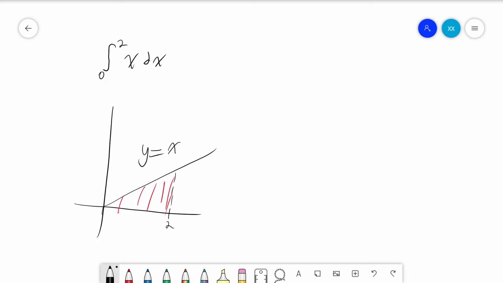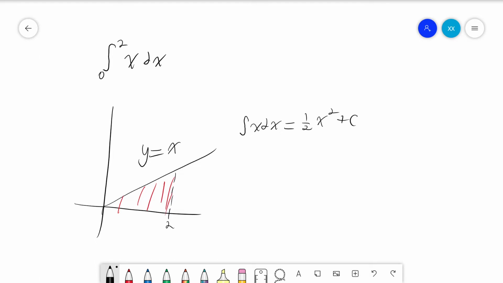To solve for that area in a non-geometric way, what you might do is first determine the antiderivative of the function over which we're integrating, in this case just x, and we know that the antiderivative is 1/2 x squared plus c.